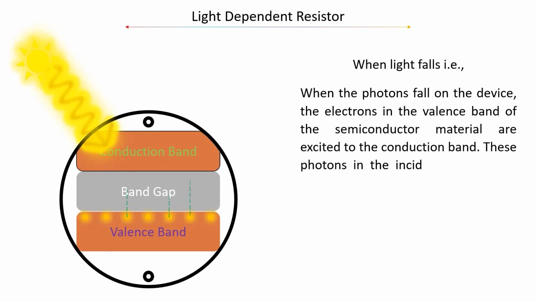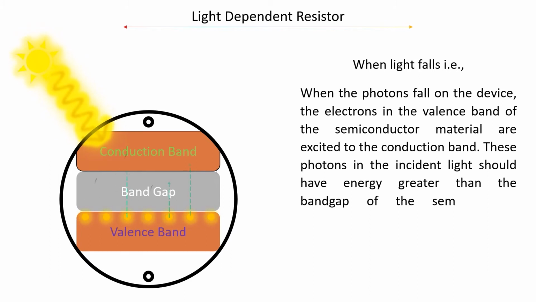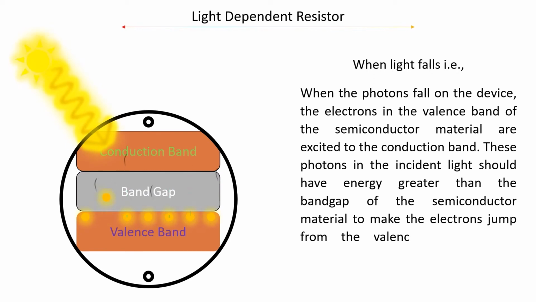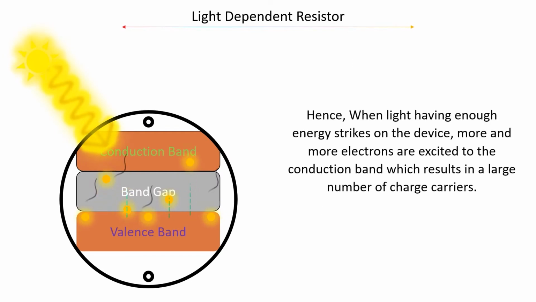The photons in the incident light should have energy greater than the band gap of the semiconductor material to make the electrons jump from the valence band to the conduction band. Hence, when light having enough energy strikes the device, more and more electrons are excited to the conduction band, which results in a large number of charge carriers.